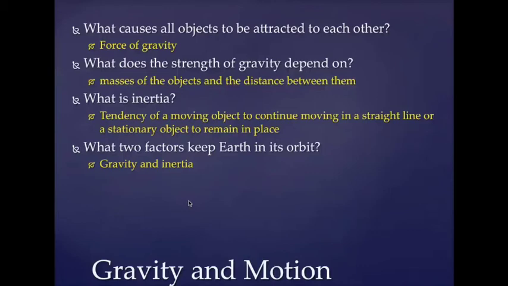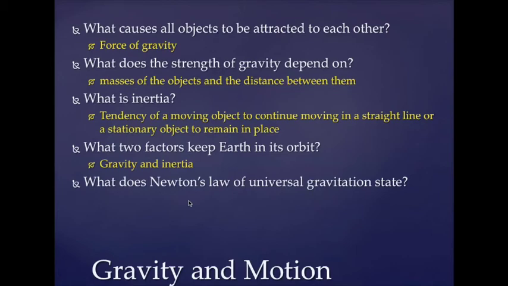We don't head out into space because the sun's gravity is pulling us towards it, and we don't head into the sun because our inertia, the fact that we want to continue moving in a straight line, wants to keep us going out. Those two in combination keep us in an orbit. It's not a perfect orbit, as we've talked about as far as shape, but it is pretty common as we move around.